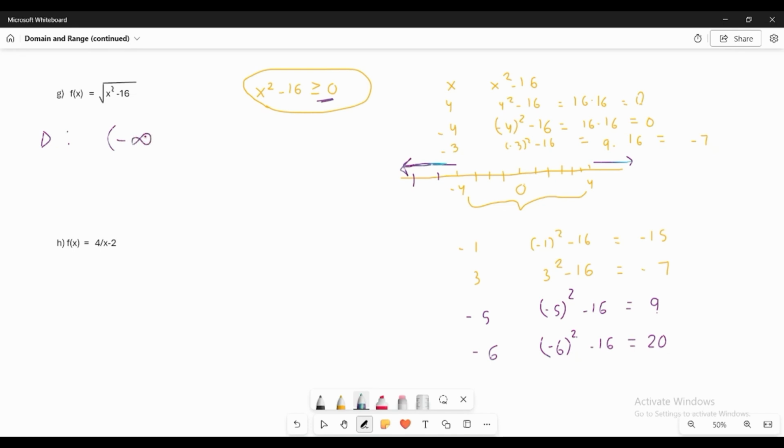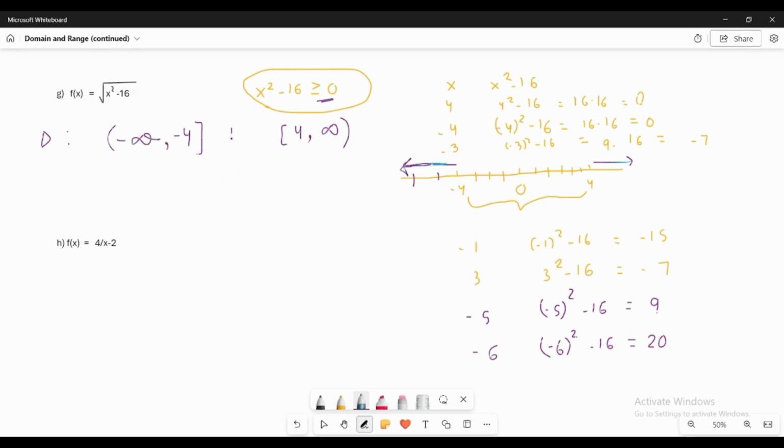All the numbers from negative infinity to negative 4, which is included here, right? And then after that, you know that all the numbers from 4 to positive infinity. That means in interval notation, you can write it like this. And now you know that both of these intervals are going to be a solution for this inequality.